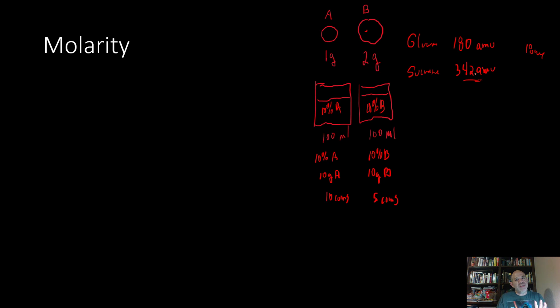So 10% of sucrose is going to give you almost half as many particles as a 10% of glucose. And that's not going to work in some situations where we need to know the number of particles. So we need a way of counting particles. When I say particles, I'm talking about molecules or ions, positively or negatively charged particles when they're in that solution.